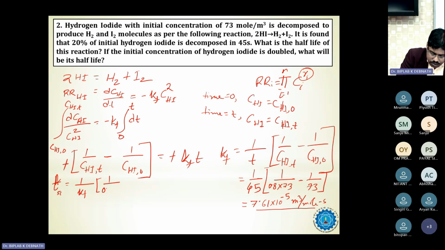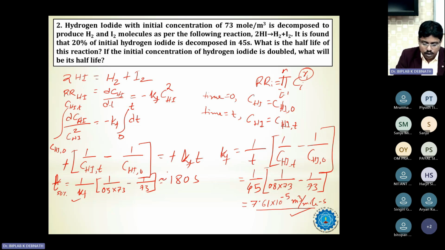Half life, so let us write t 50%. Okay. So from here, we will put the kf value here. So we will get around 180 seconds. Okay. You are supposed to get 180 seconds as the half life of the reaction.